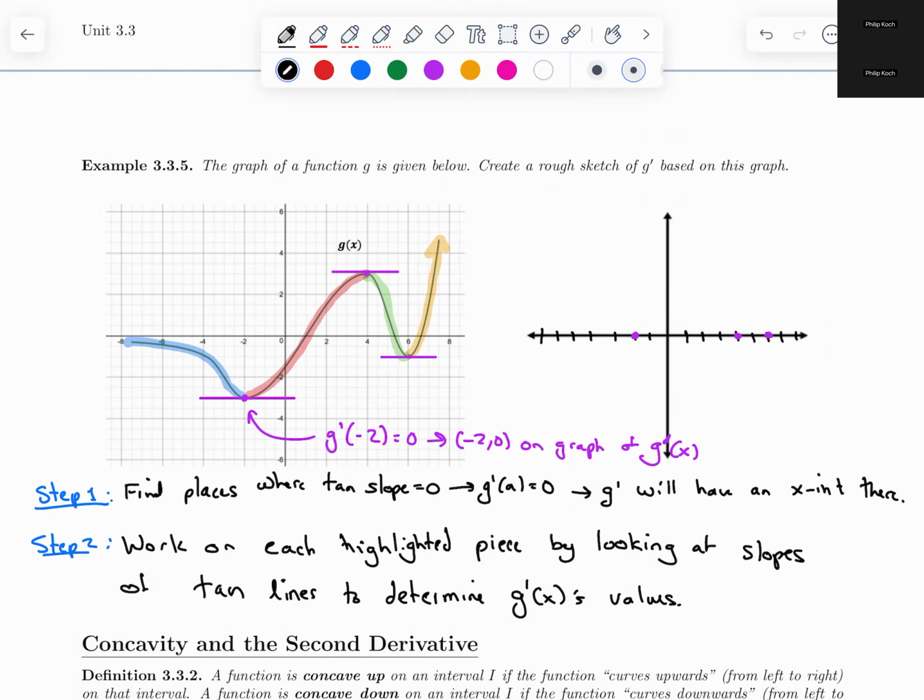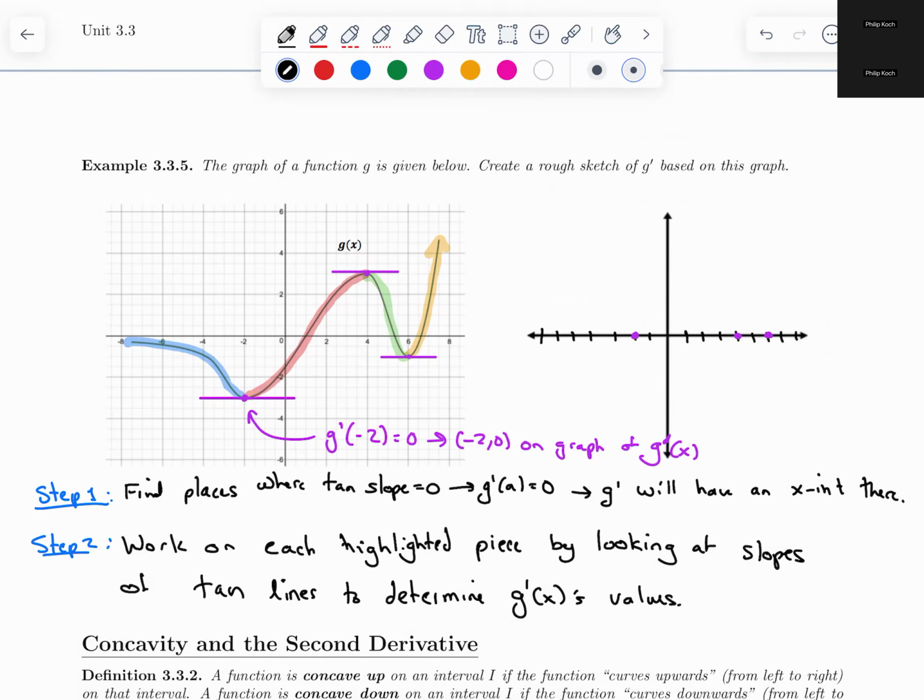Is g prime of -6 positive or is it negative? g prime of -6. Is the slope of the tangent line positive or negative there? Negative. So g prime is negative at -6. But it's almost 0, right?